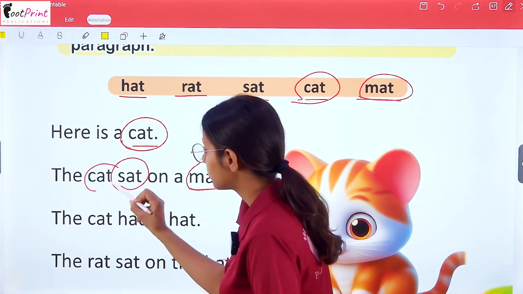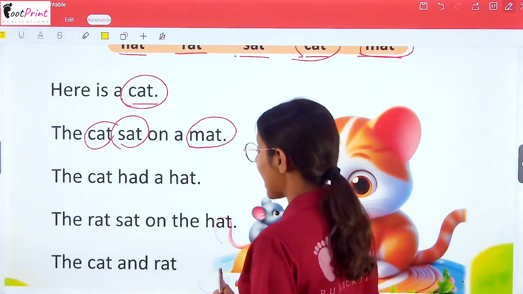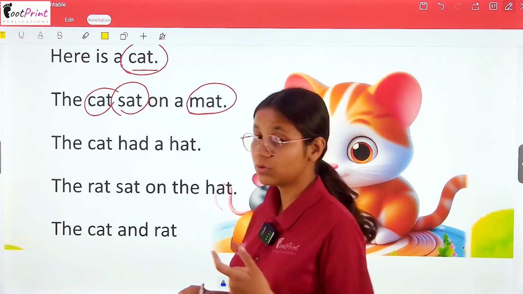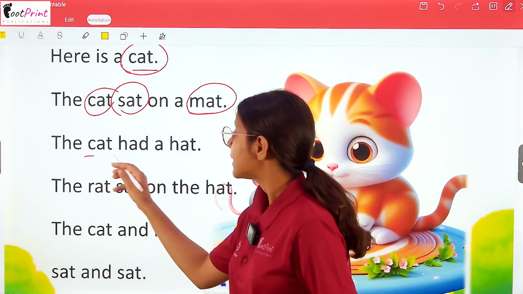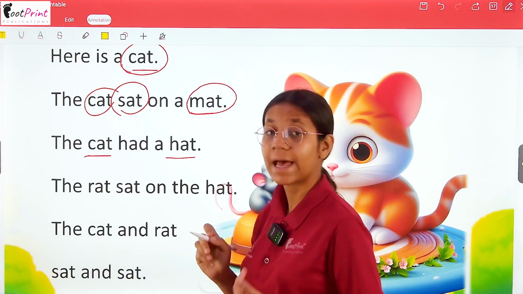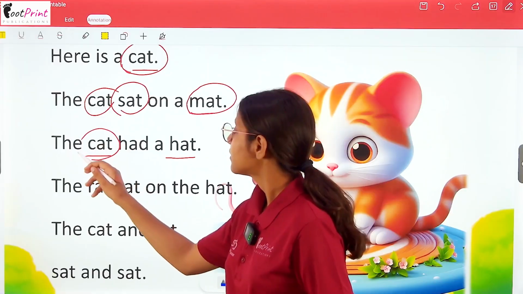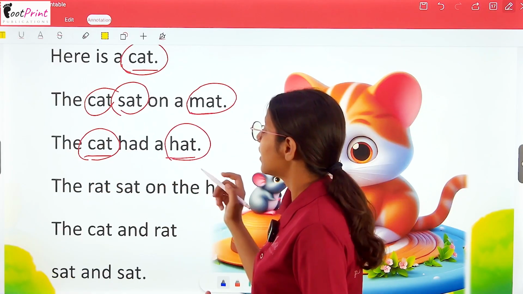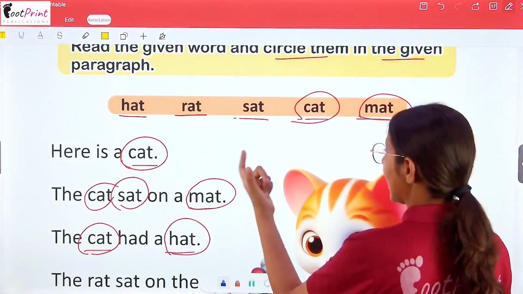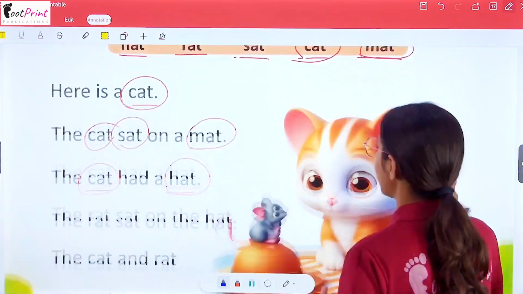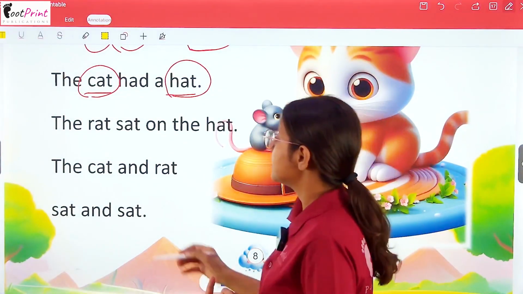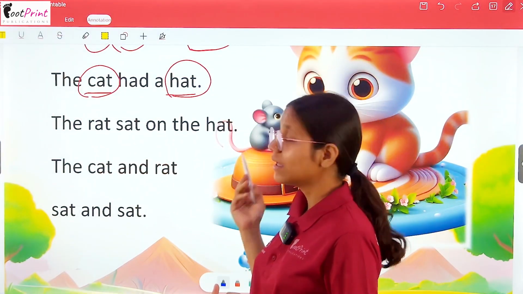Now, the cat had a hat. We are circling the words hat, rat, sat, cat and mat. Now, the rat sat on the hat.